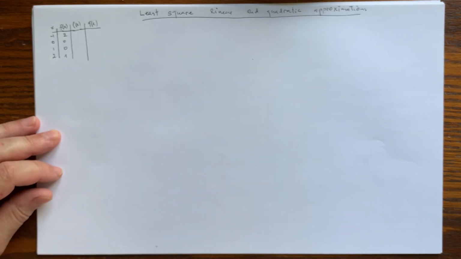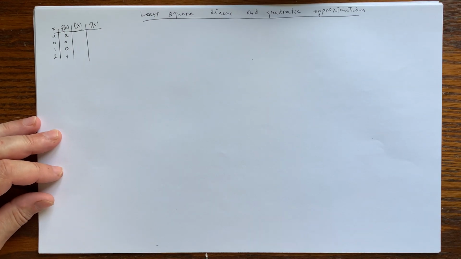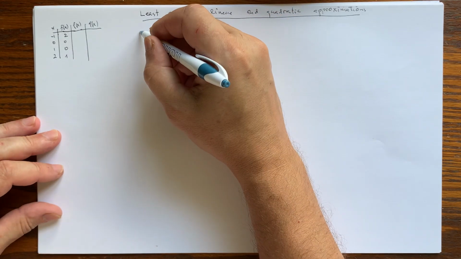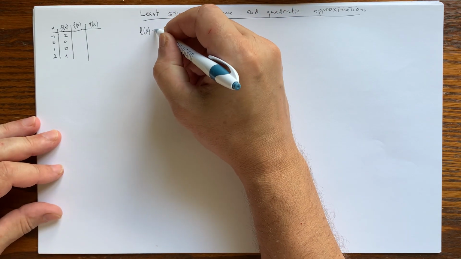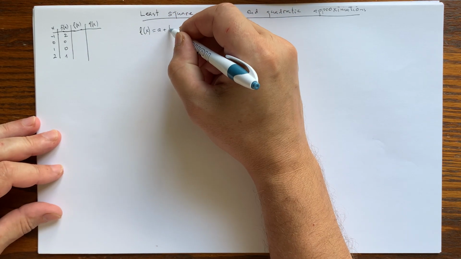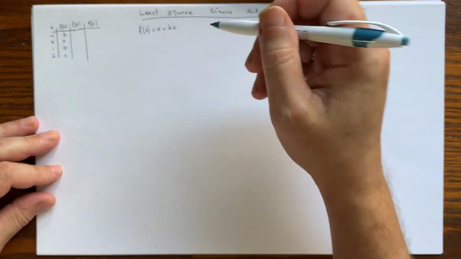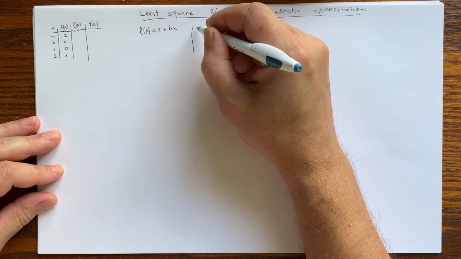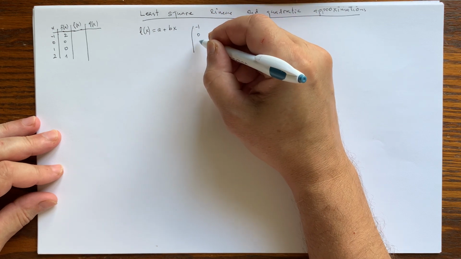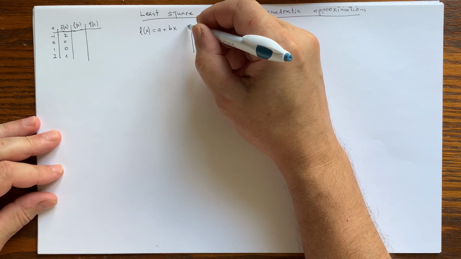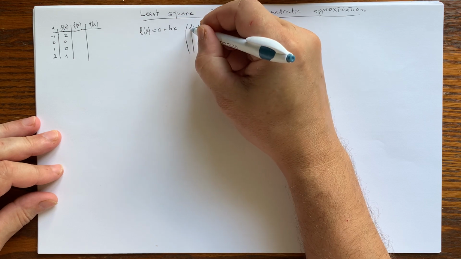And linear is what we did last time. So linear template is a plus bx, and fitting the data, we have a system with the matrix whose first column is all ones.